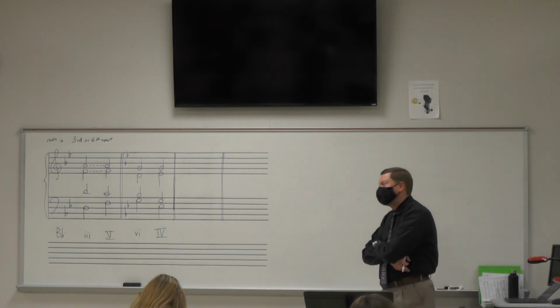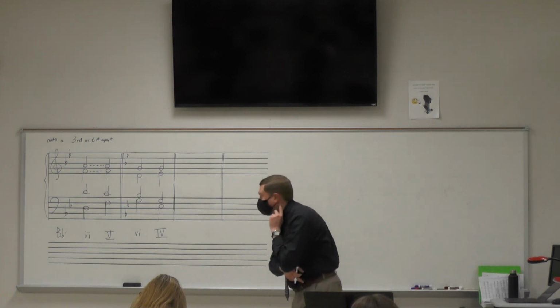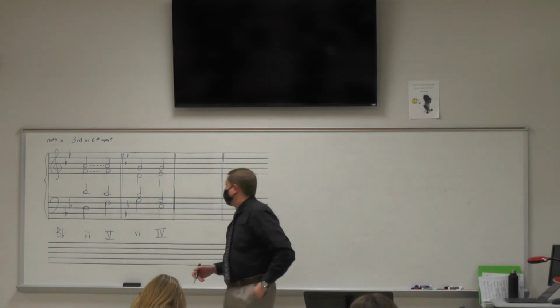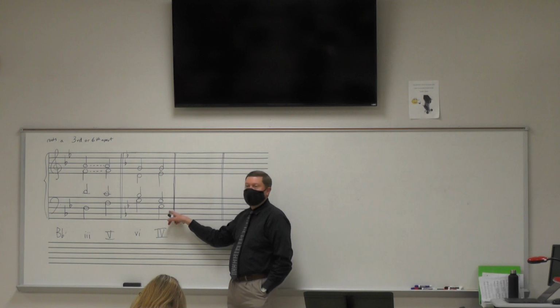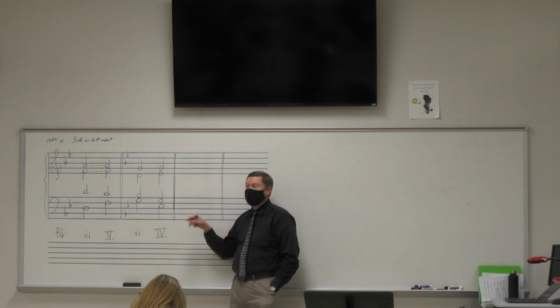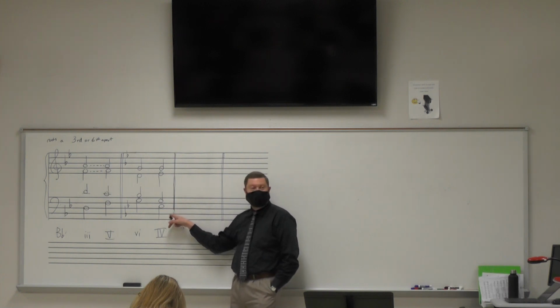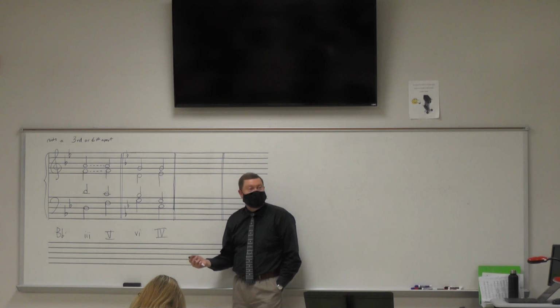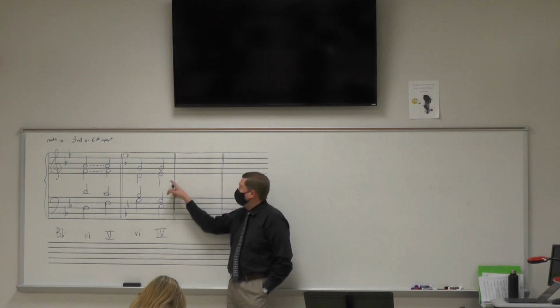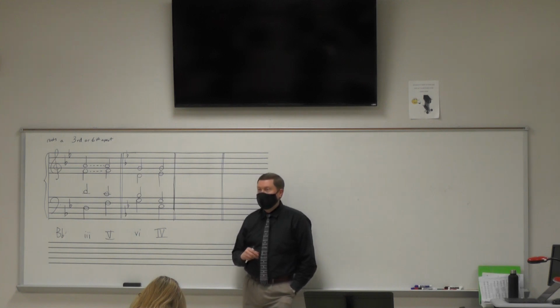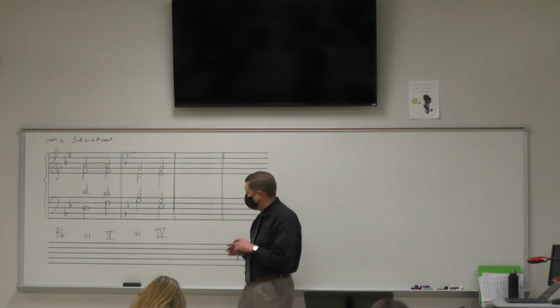You don't have all three tones. So what is missing in this 4 chord here? A B flat, right? I don't have all the notes of the chord here. It's an E flat, G, B flat chord, and I've got 2 E flats and 2 Gs, but I don't have a B flat. So that's not right.